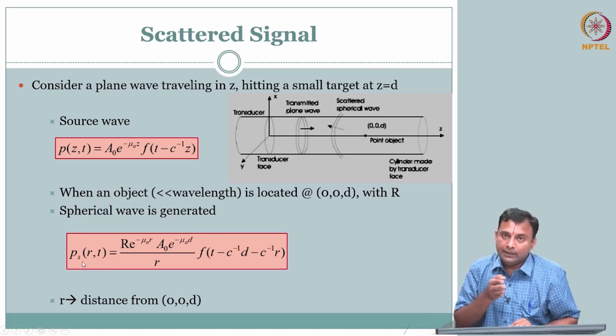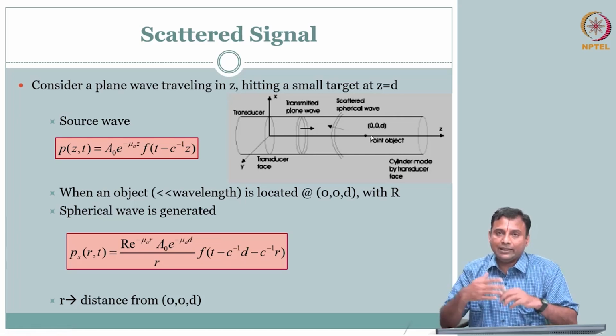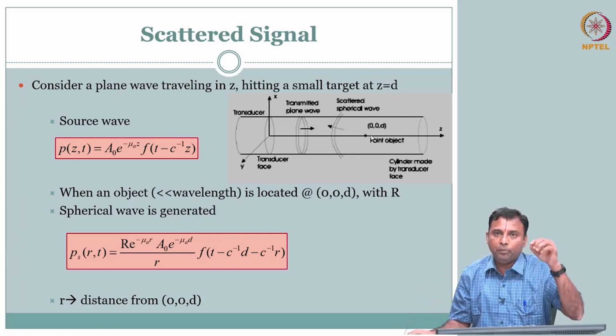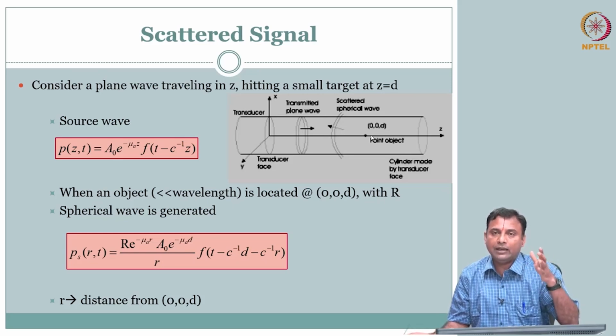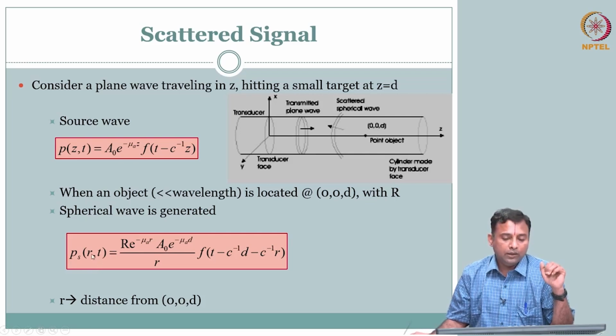I send in a wave that is converted by the point into a scattered signal. The scattered signal can go in any direction, and if you pick up the reflected signal at any location, this is the signal that you are going to go after. This is a very important concept.